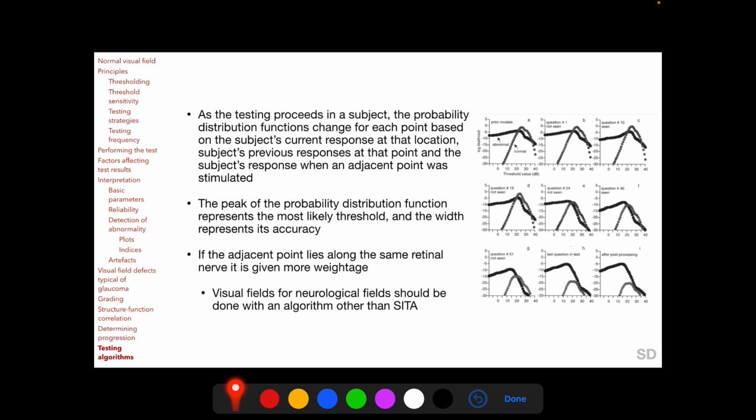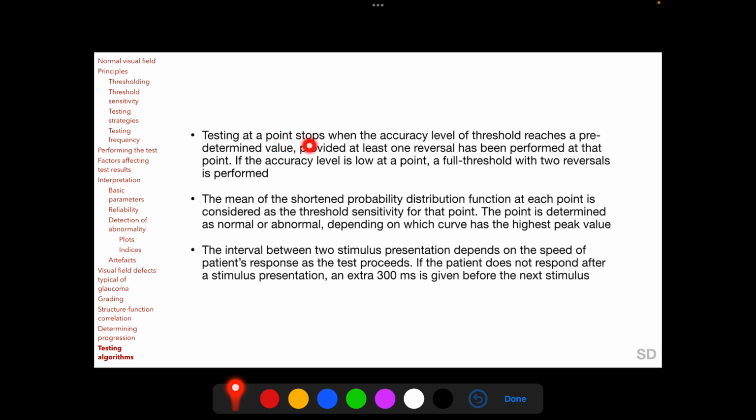The peak of the PDF represents the most likely threshold at that location, and the width of the PDF represents the accuracy of testing. Testing at a location stops when the accuracy level of thresholding, as represented by the width of the PDF, reaches a predetermined value, provided at least one reversal has been performed at that location.